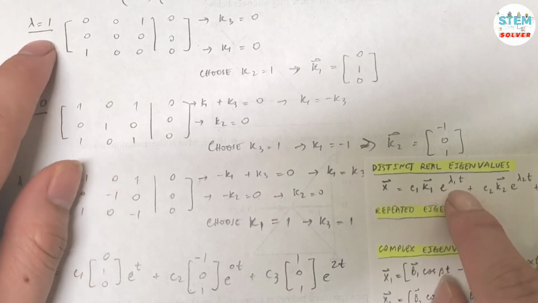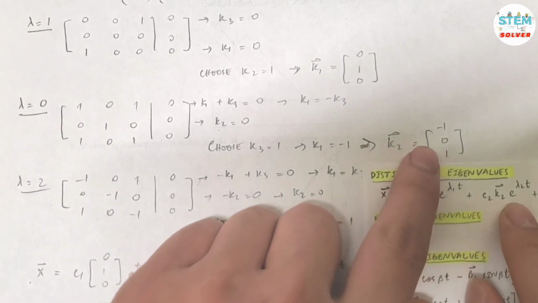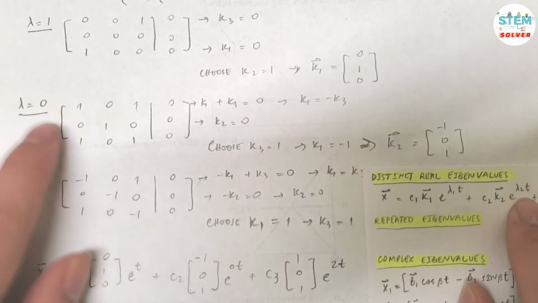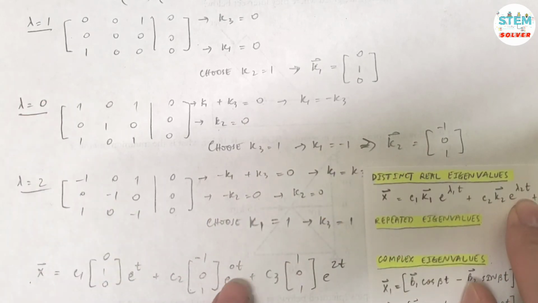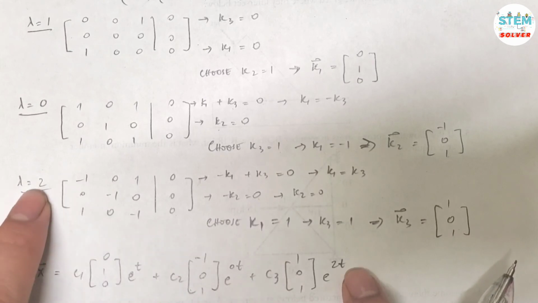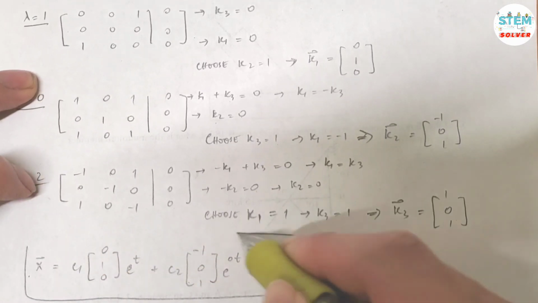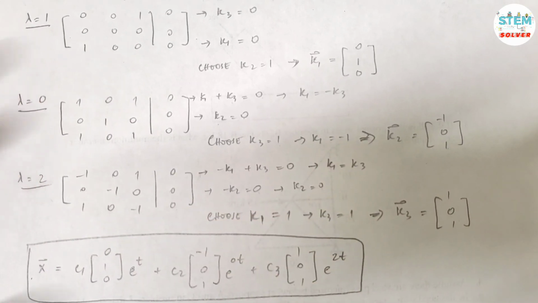Lambda 1 is 1, so you have e to the t, plus c2 times k2, which is this, times e to the lambda 2 t. Lambda 2 is 0, so you have e to the 0t, which is 1 if you simplify it, plus c3 times k3, which is this, times e to the lambda 3 t. Lambda 3 is 2, so you have e to the 2t. So here is your final answer.